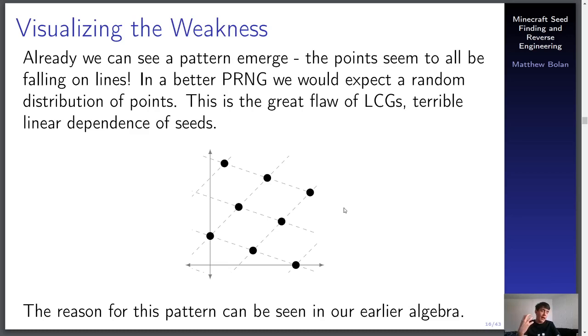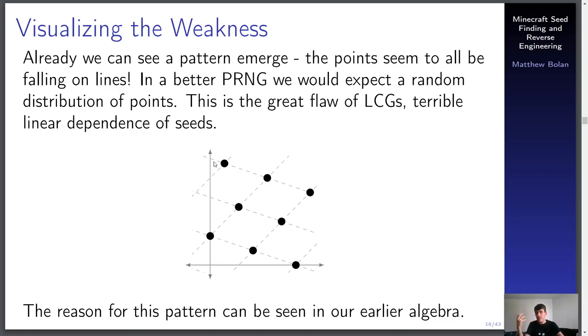So what I mean by that is that if you have an original seed and then its next seed, and then you nudge the original seed by some tiny amount, and then look at that nudged seed's next seed, the resulting two seeds of both your original and your nudged seed will be nudged by a predictable amount, which is only a function of the original nudge. And that is why we get these patterns, okay?